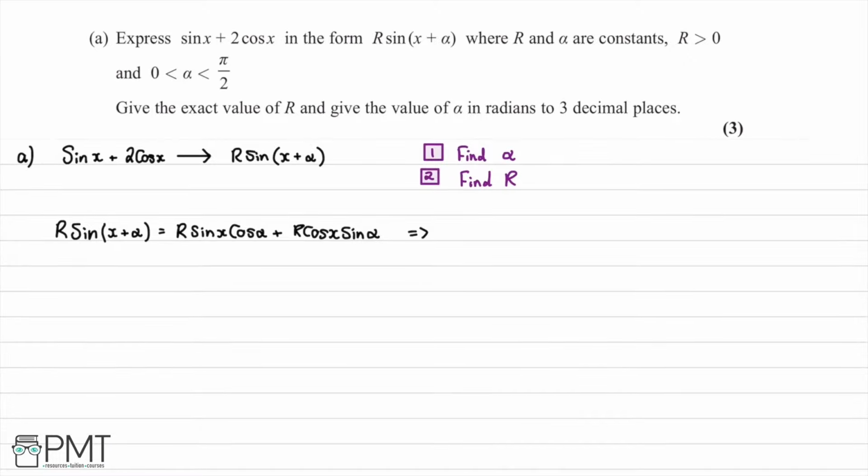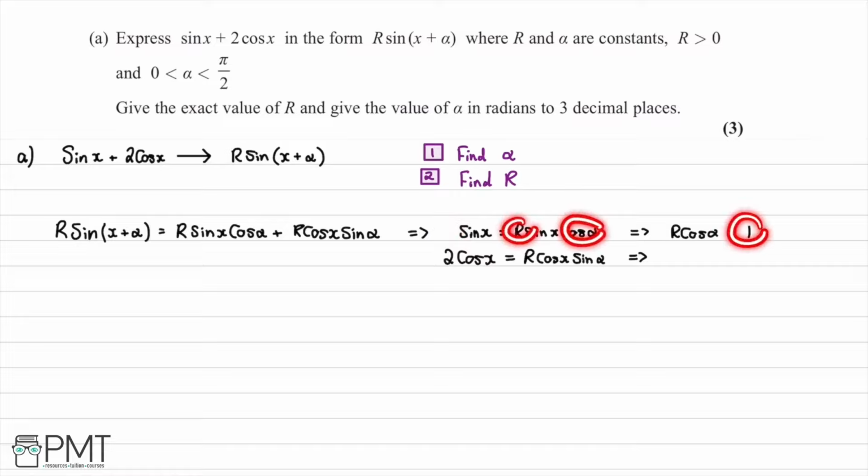From this, we have that sine x is equal to r sine x cos alpha, and we also have that 2 cos x is equal to r cos x sine alpha. So from this, we can work out that cos alpha is equal to 1. Why does this equal 1? We can see that the coefficient in front of sine x is 1, so that means cos alpha is equal to 1.